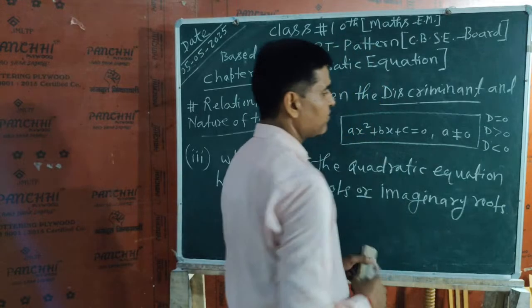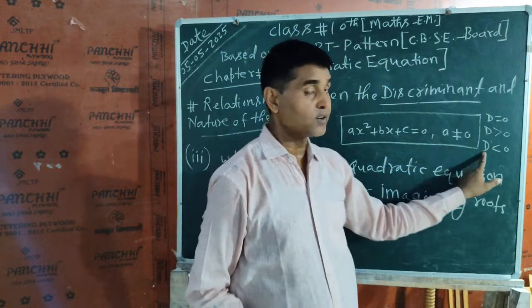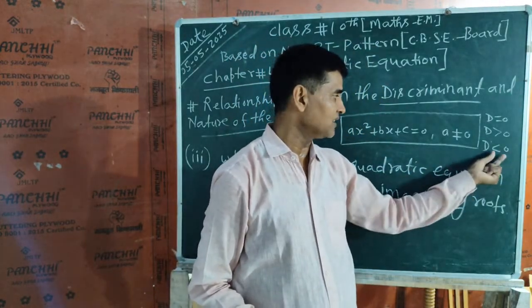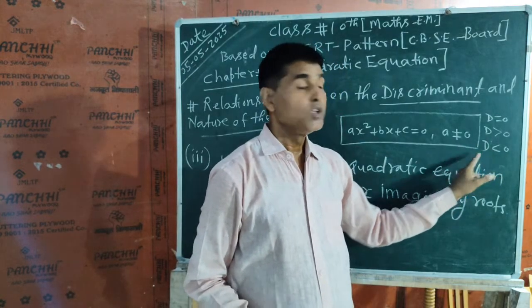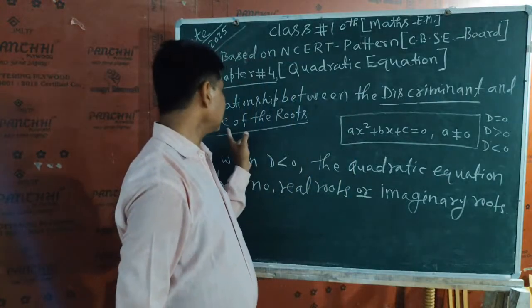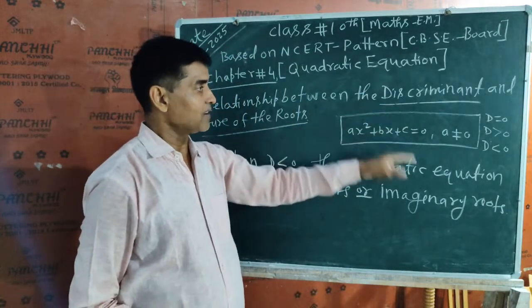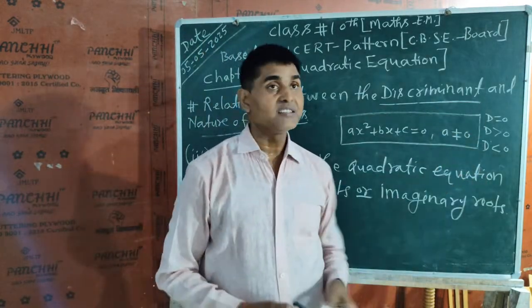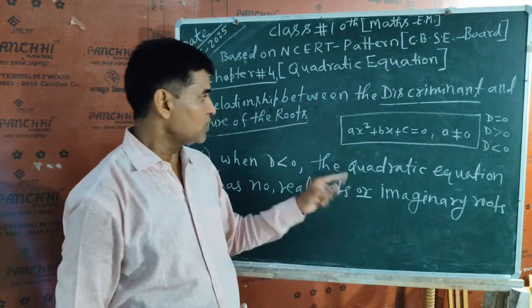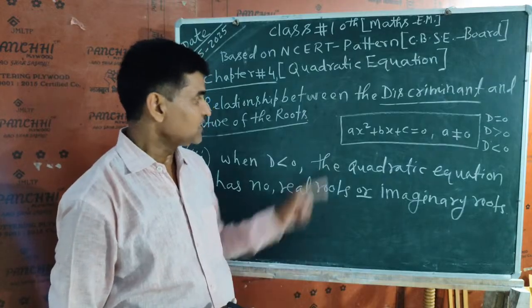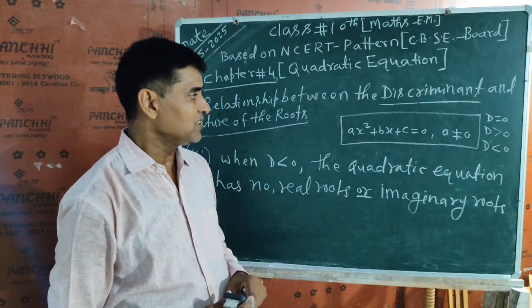If the value of D, that is the discriminant, we calculate and find its value is negative, it means that this is condition number 3. So in the nature of the roots and the discriminant, these are the 3 conditions and we have to remember them clearly. Okay student, for solving any question based on this topic, it is very easy.